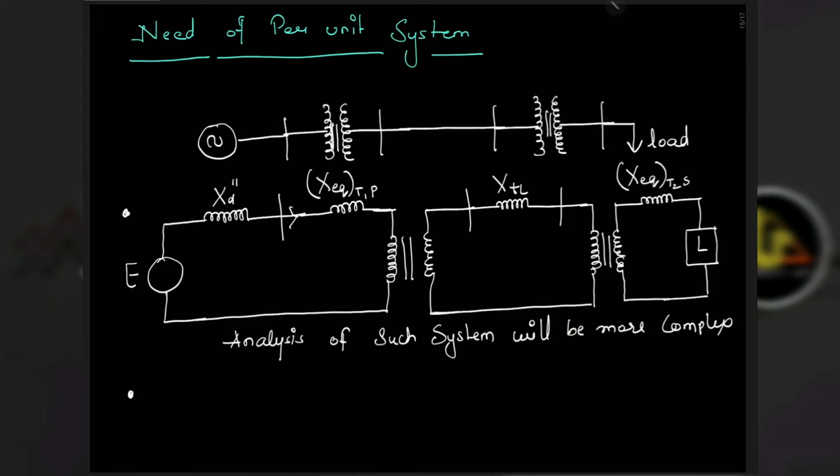And second, there is discontinuity in this equivalent circuit because you will get different voltage levels at different sections.